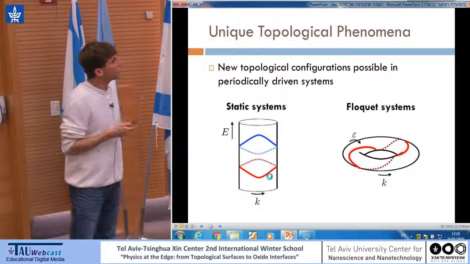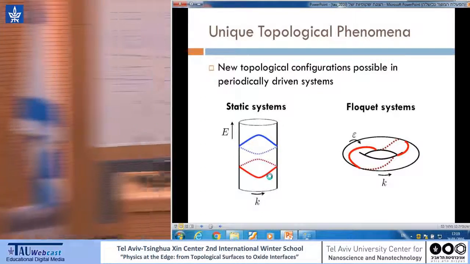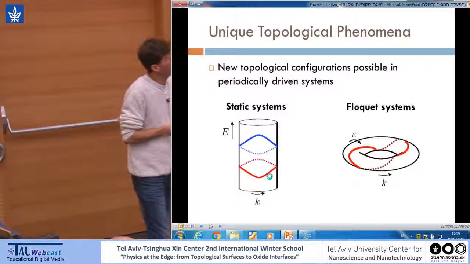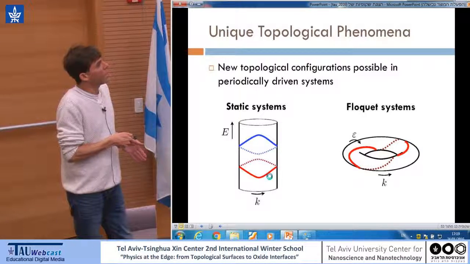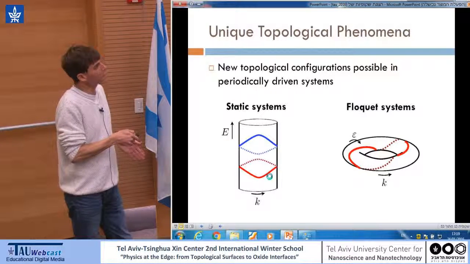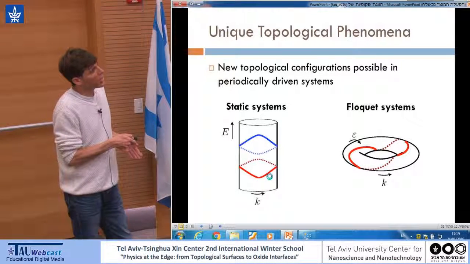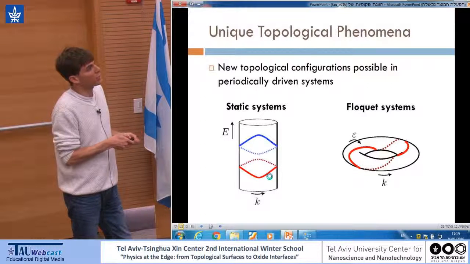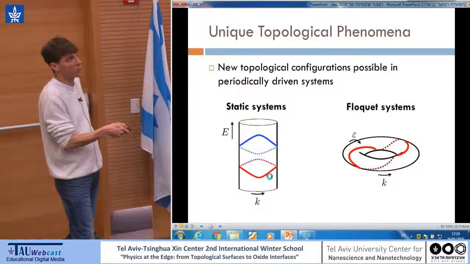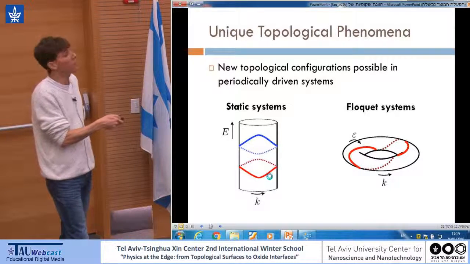And to understand why this is possible, we have to understand that these Floquet systems allow us to have a richer configuration space than the static systems. The reason is basically simple. In static systems, the energy lies on a line, while, say, the momentum coordinate is periodic. So we have states on this kind of cylinder. While in the Floquet systems, the quasi-energy is also periodic, so our states can lie on a torus, maybe a high-dimensional torus. So you could imagine that there are more topological configurations for these Floquet systems than for these static systems.